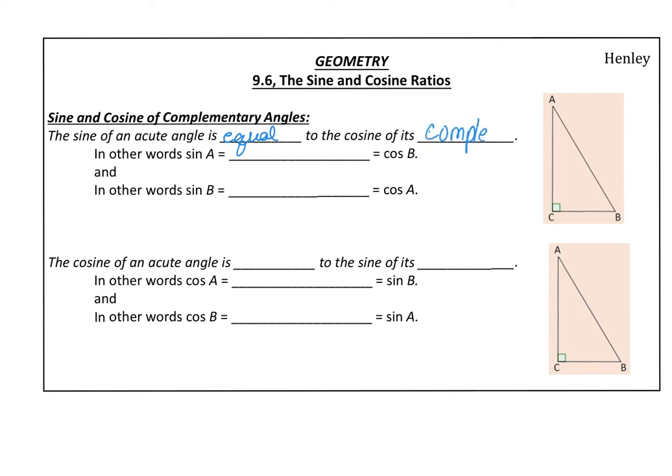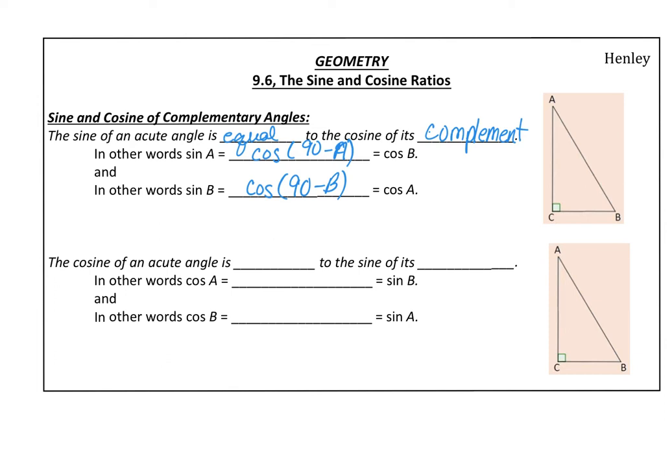Remember, complementary angles add up to 90 degrees. So in other words, the sine of A is equal to the cosine of 90 minus A, which is cosine of B. The sine of B is equal to the cosine of 90 minus B, or the cosine of A.